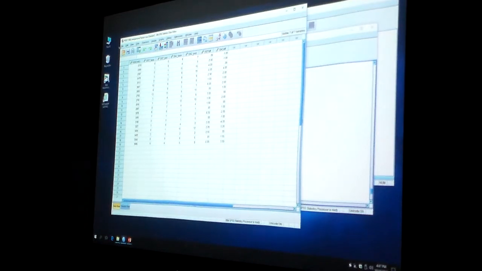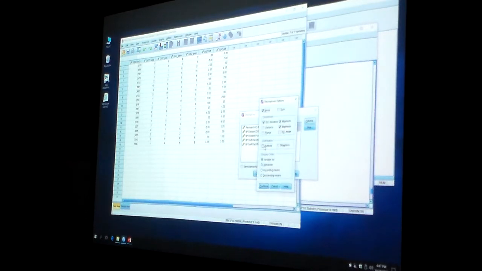So what we're going to do now, as we've done before, is go to analyze, descriptives, take a look at our descriptive values, options, skew, kurtosis. Okay. Now the one thing you may want to do is look at your actual raw data scores.